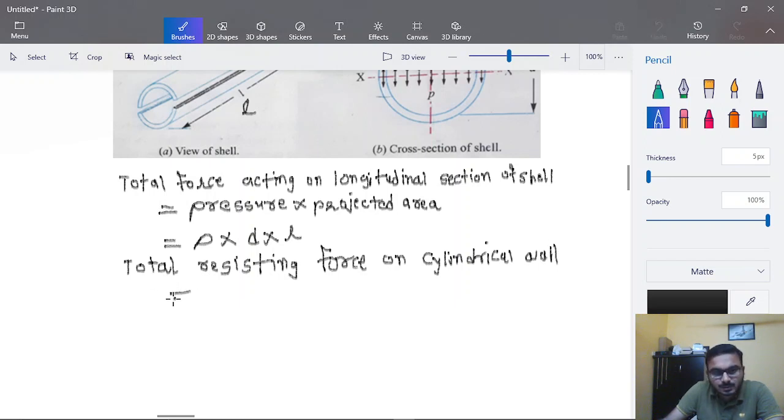So this will be equal to sigma T1 into, now here there is one interesting part.